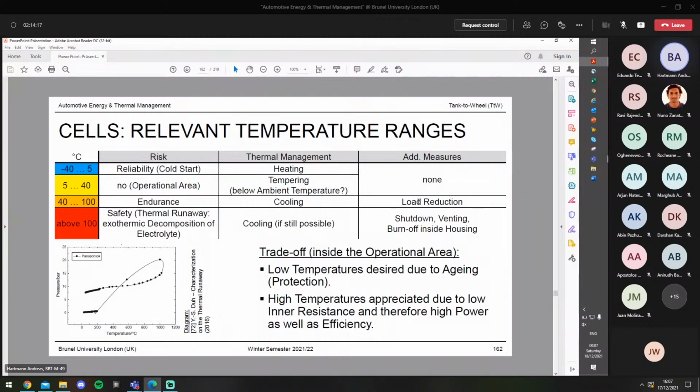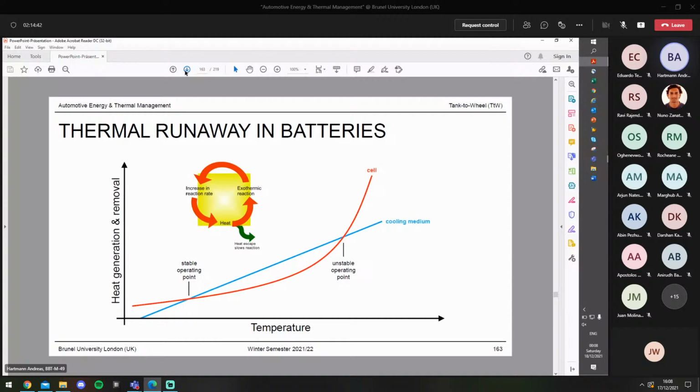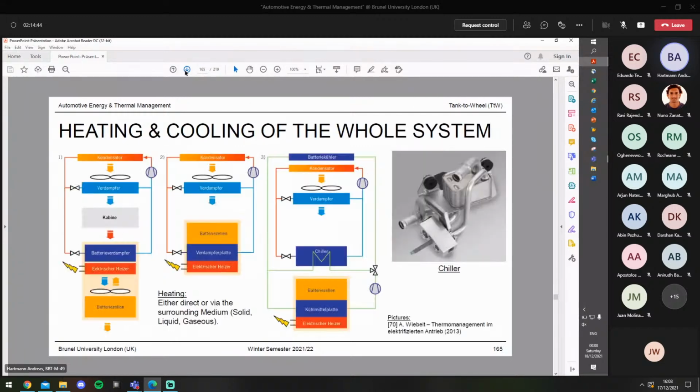Additional measures might be a load reduction. So if the temperature rises too fast, to too high levels, then you might, as I said, reduce the load. And if you then reach temperatures of 100 degrees Celsius or more, you might even have an issue with the safety of the battery. So therefore, the cooling is very, very important.